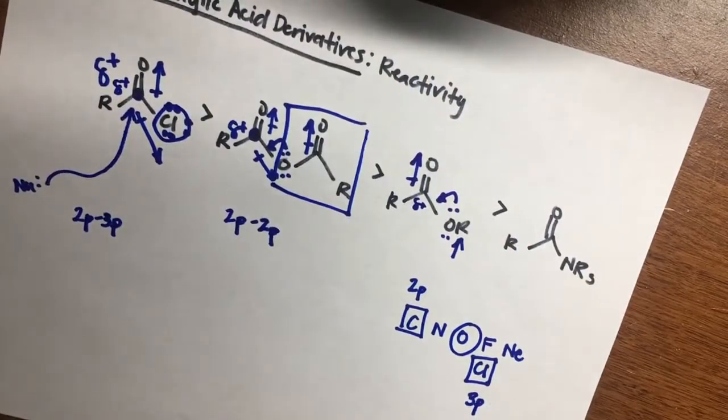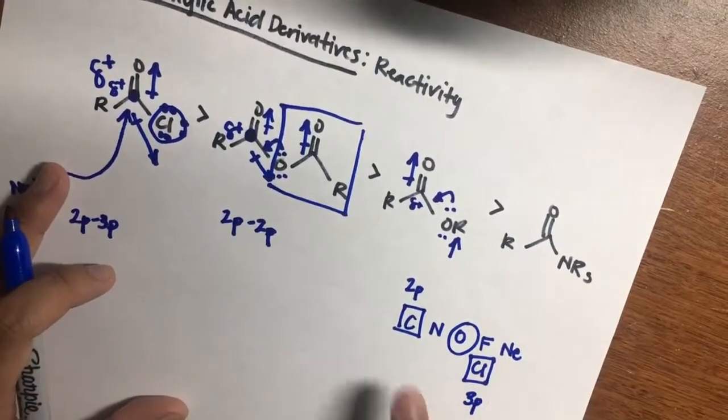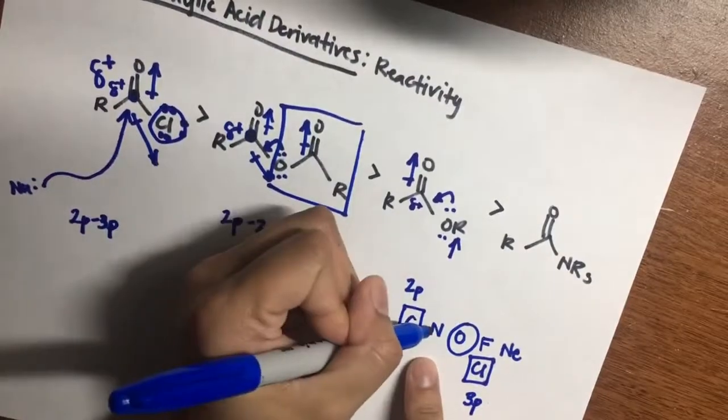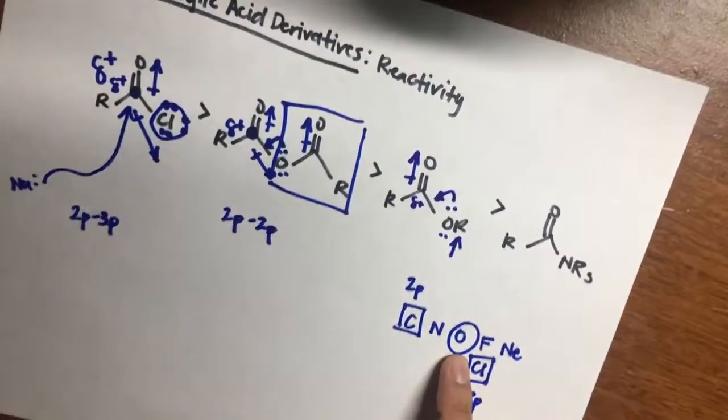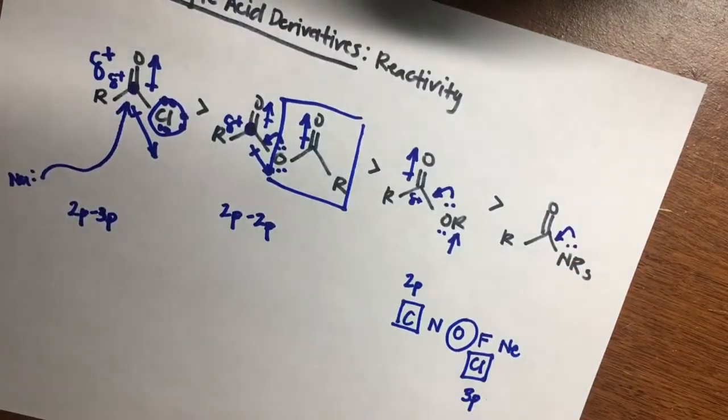And esters are more reactive than amides because, again, if you look at the periodic table, nitrogen is less electronegative than oxygen, and it has a lone pair which can donate the resonance again.